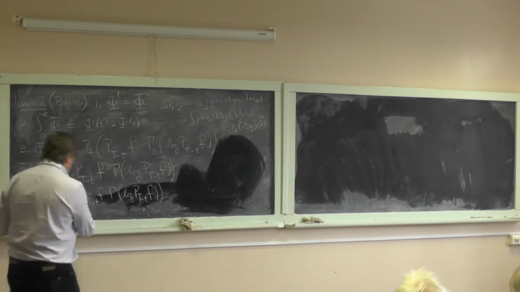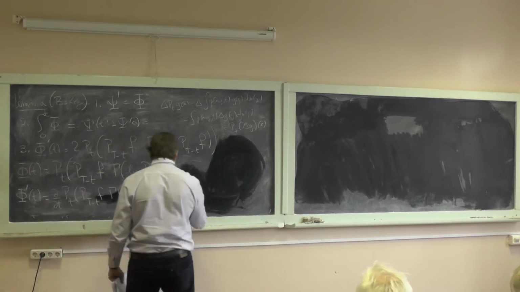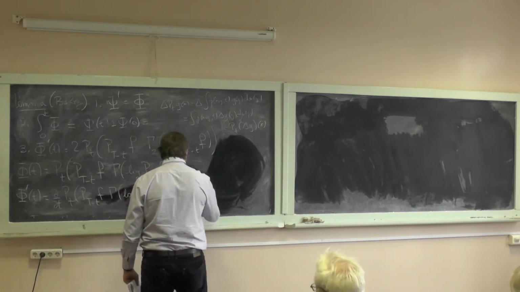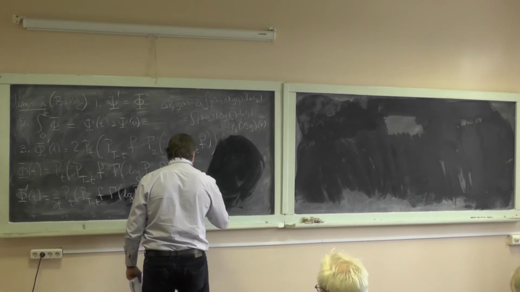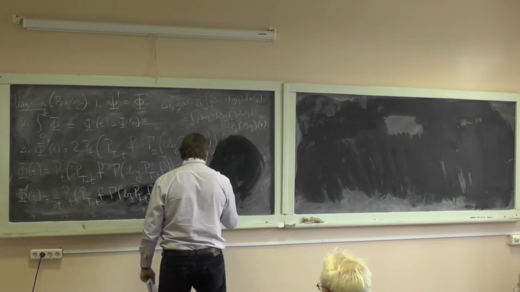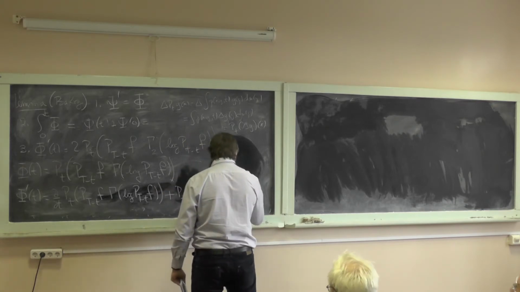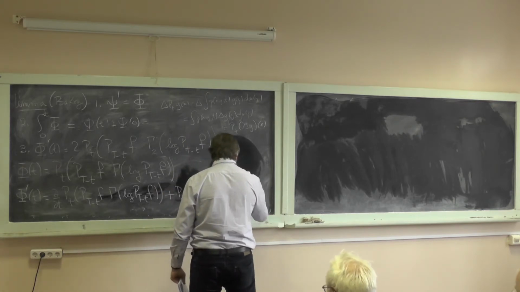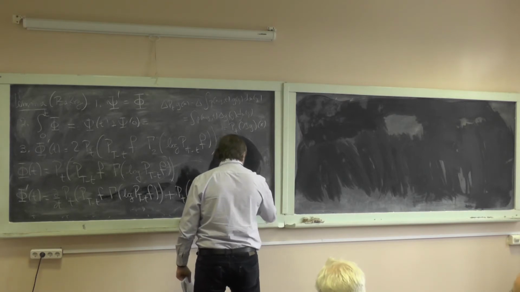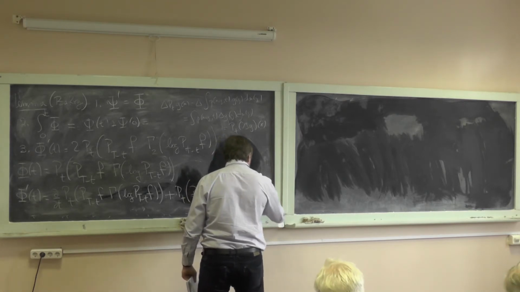And then I have to put the derivative inside, plus pt times d/dt of dt minus tf times gamma of log of p minus tf.